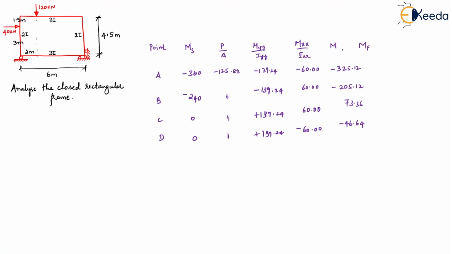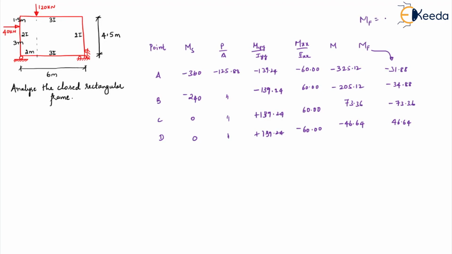MF, how you will calculate is, it is your final moment which you have to calculate, minus 31.88 minus 34.88, then minus 73.36 and it is 46.64.